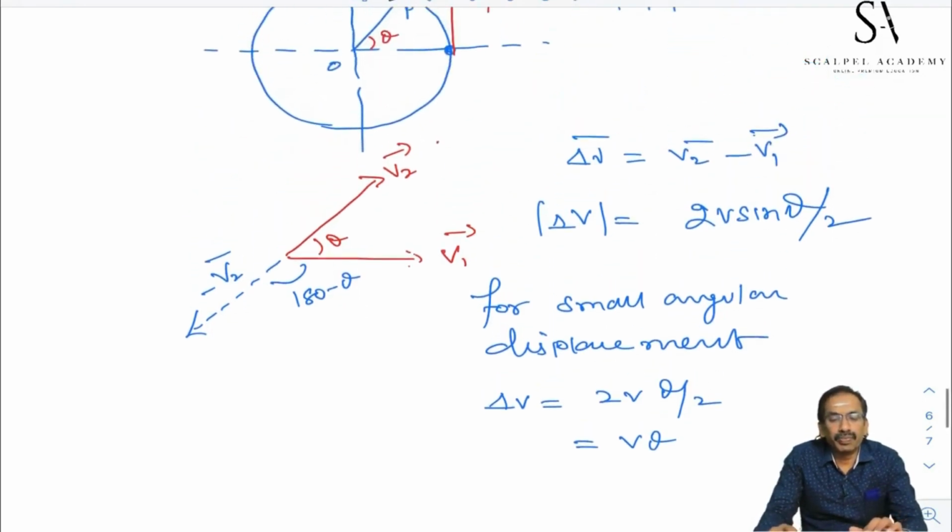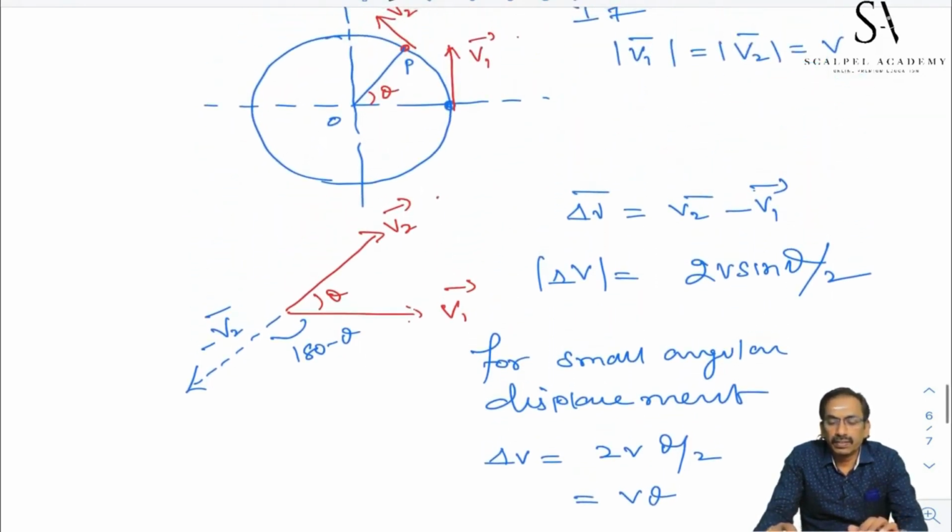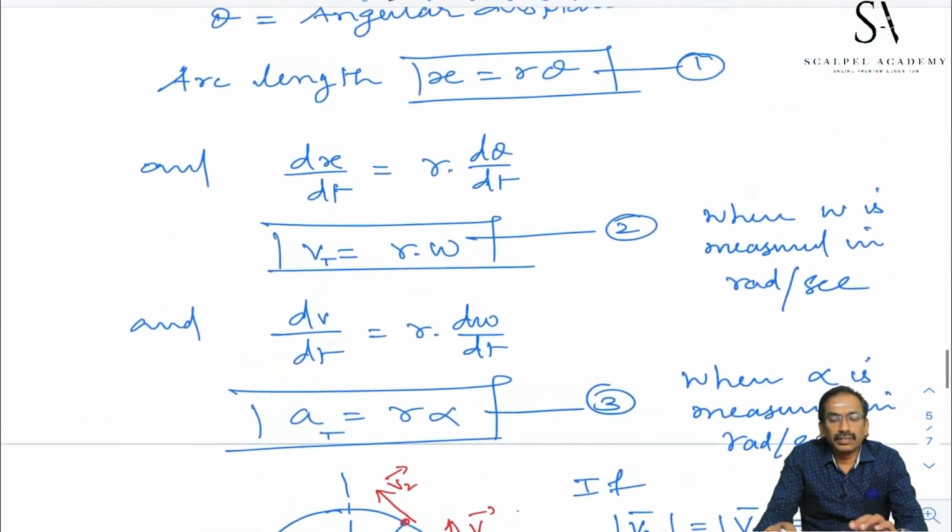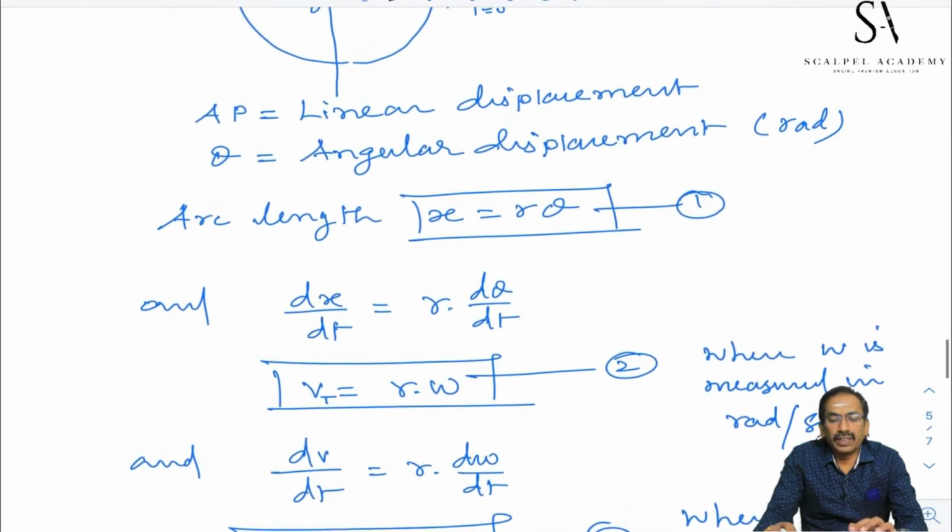From the diagram, theta is equal to x by r.